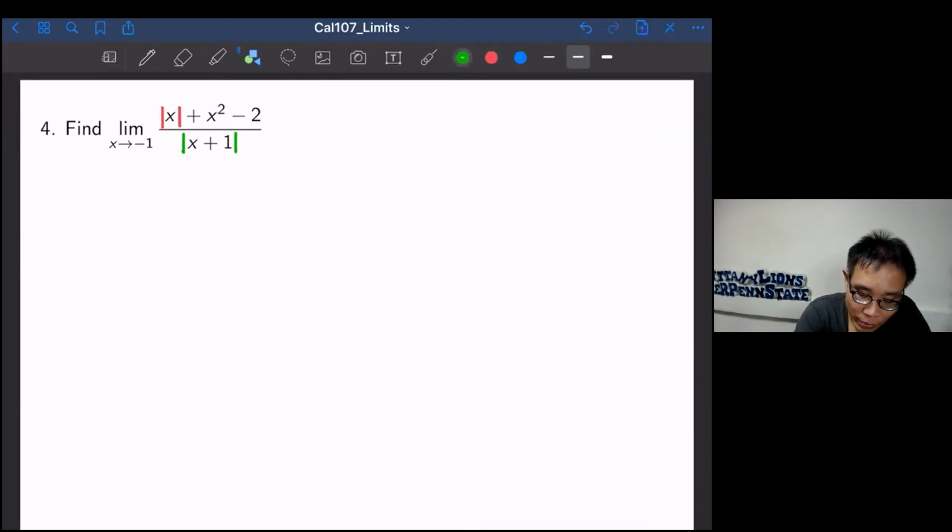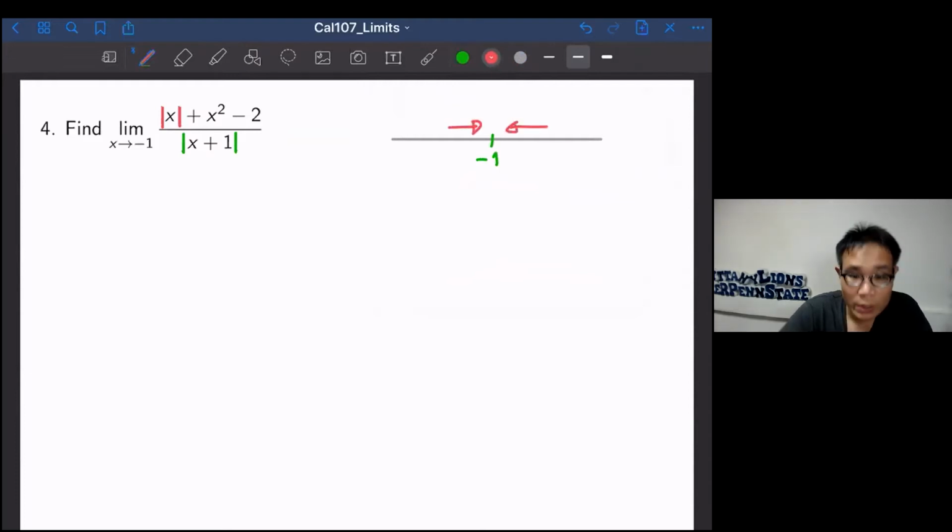The problem will be we'd like to find the limit as x goes to negative 1. So you're going to draw the picture where you have -1 in the middle, and you're going to have -1 here and -1 here.